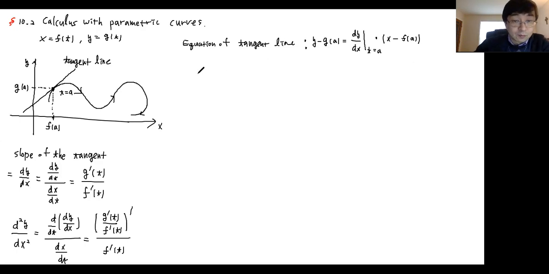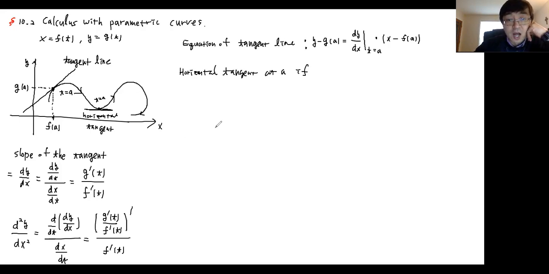One more. We can choose this point and draw the tangent line. The tangent line is horizontal, so we have a horizontal tangent line here, at t equals a.